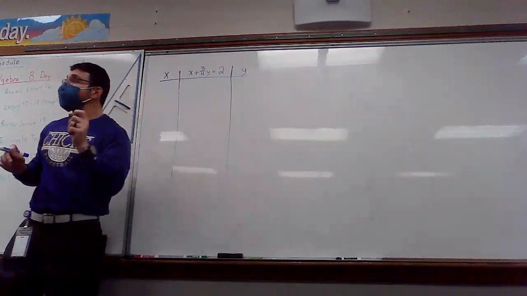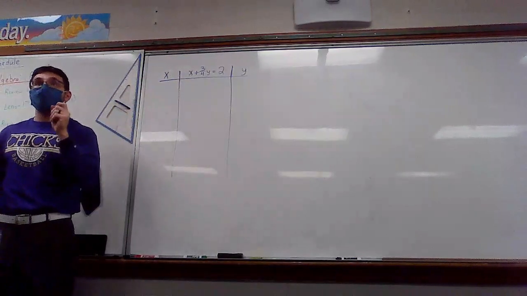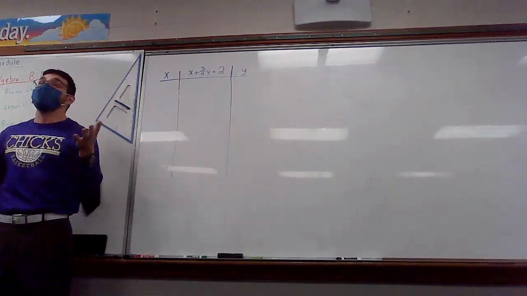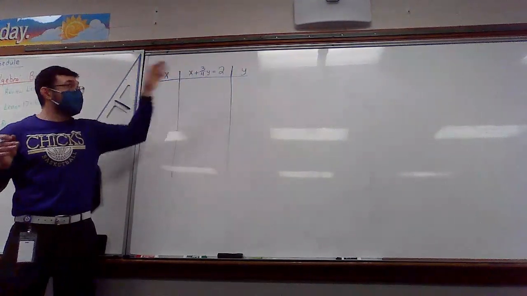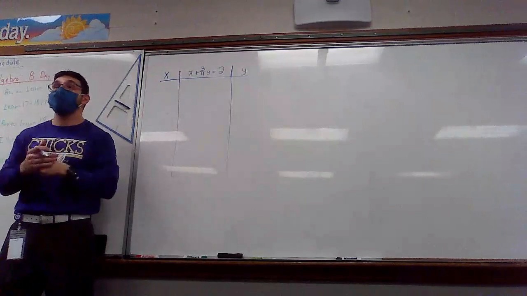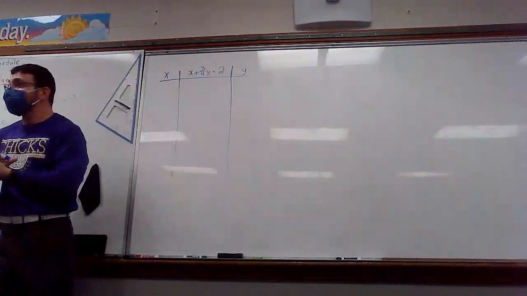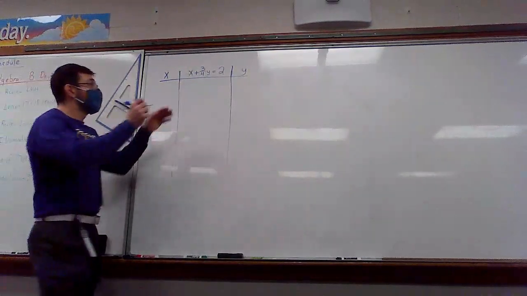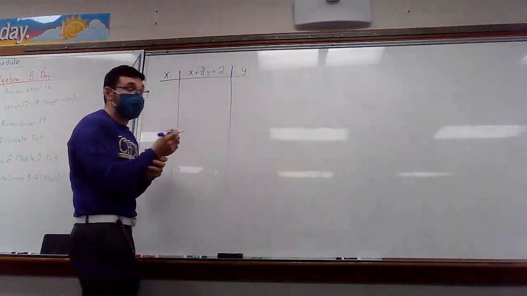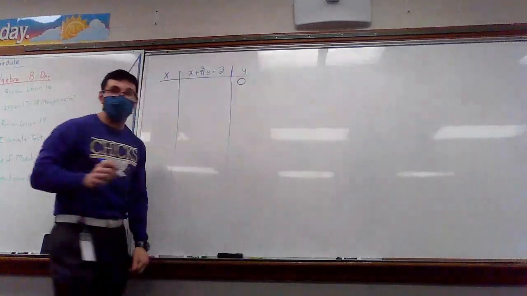We want to substitute numbers in for the variable that has a coefficient that's not 1. So we're going to substitute in for y. What number should we always start with? 0. So I substitute in 0.